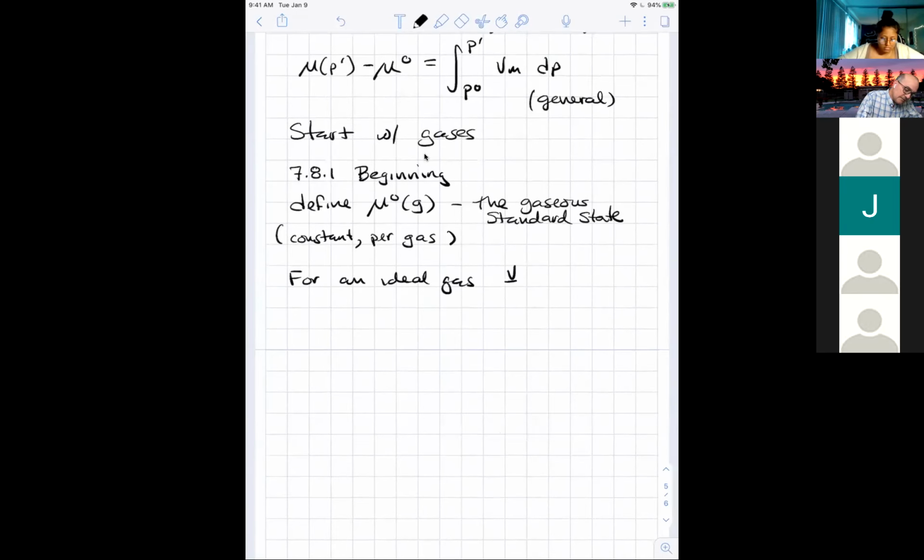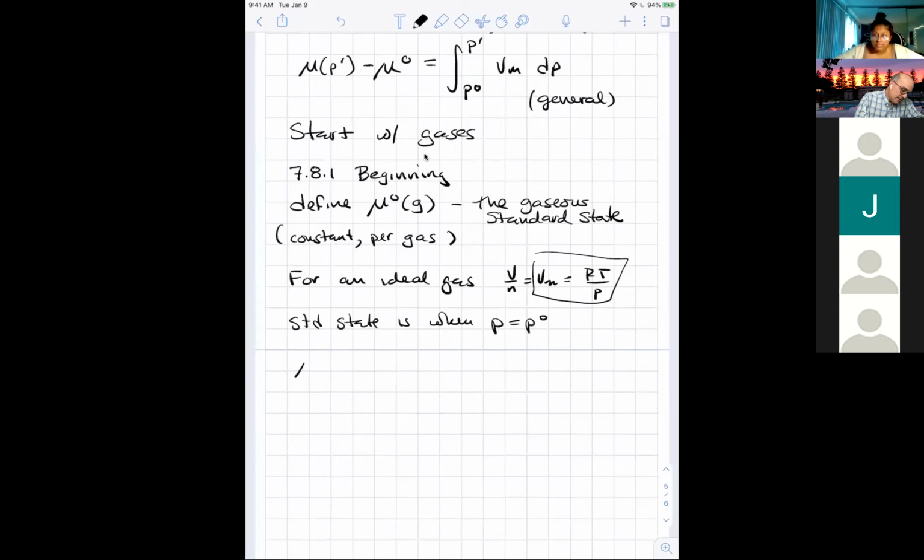For an ideal gas, V over N, which is the molar volume, is RT over P. So Vm equals RT over P is going to be a standard substitution we're going to want to recognize, right? And the standard state is when P equals P naught.